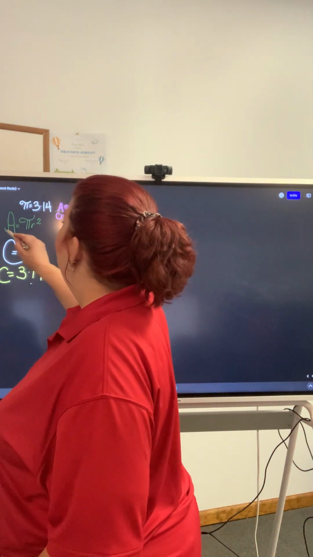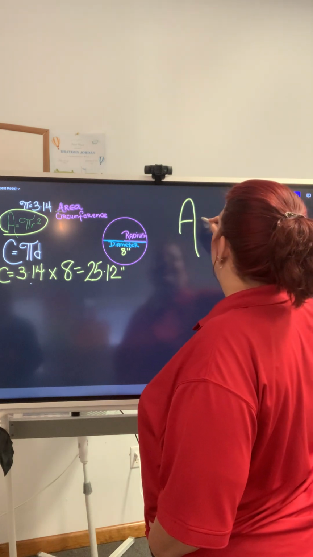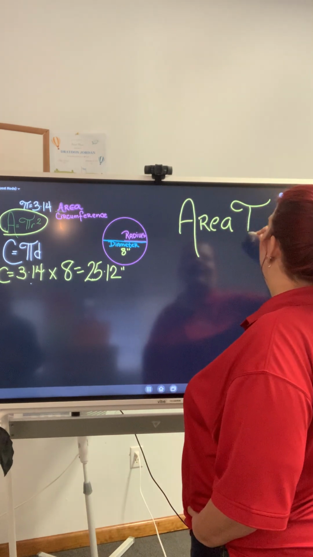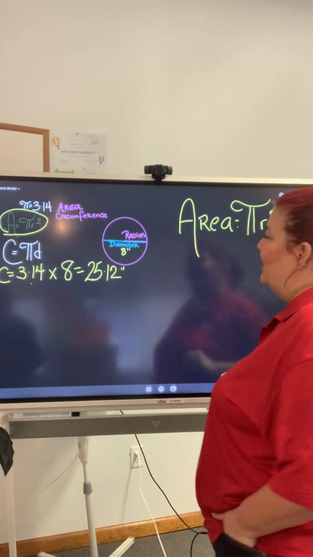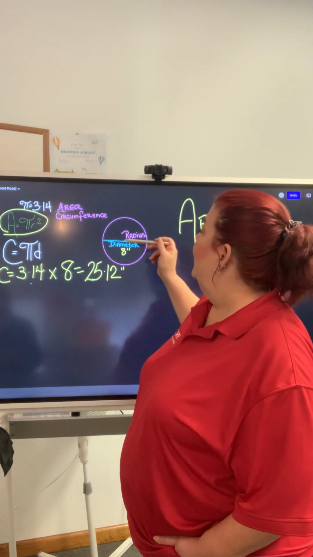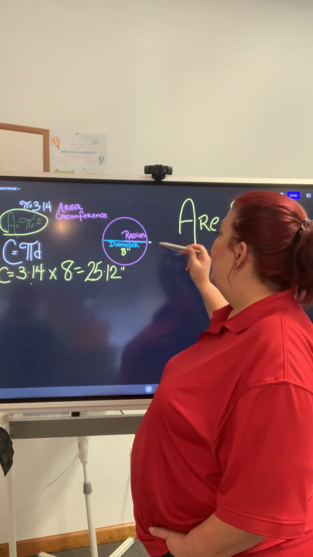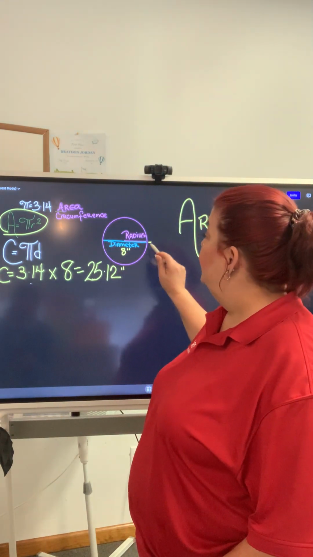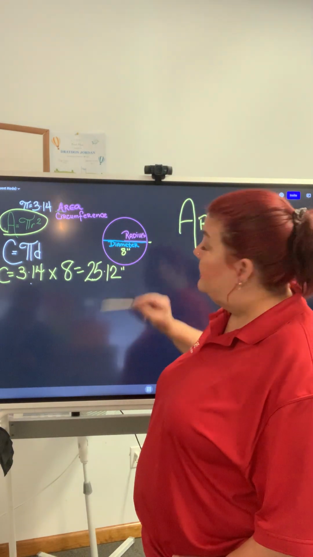Okay. So let's write it again. Area. It is pi times my radius squared. Okay, so now we gotta do a little bit of thinking. If we said that the radius is half and the diameter is the whole length of the circle, then how do we get the radius knowing that it's 8?